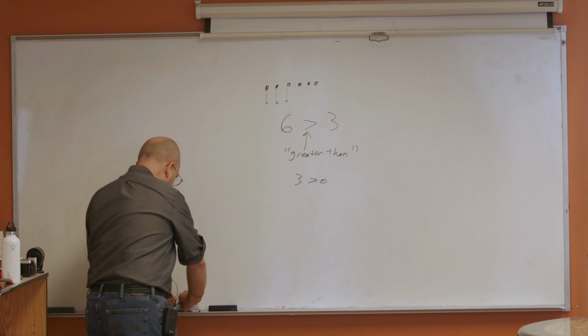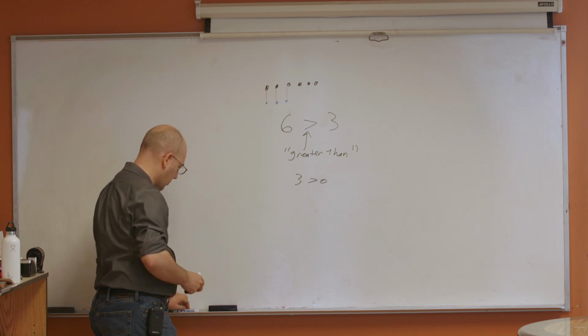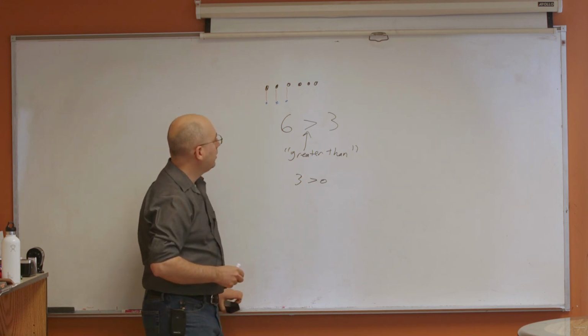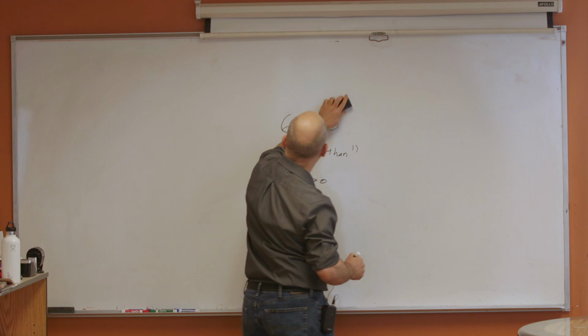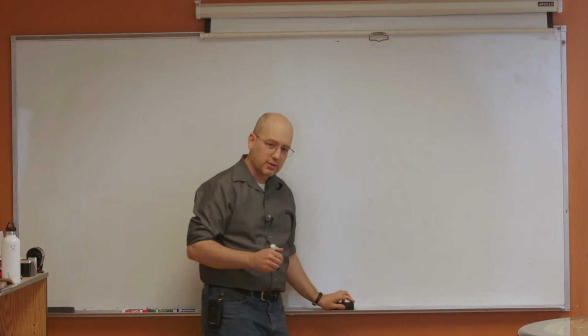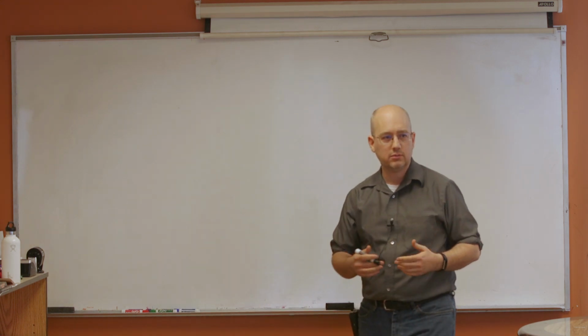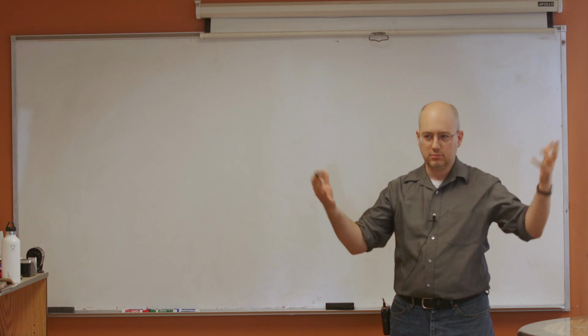Now, last time I also went over a bit of single-digit arithmetic. I'll review that a little bit more, and then we'll get into addition and subtraction with larger numbers.